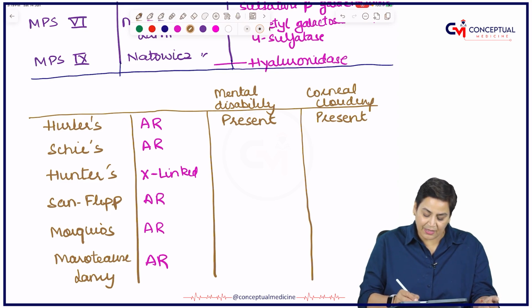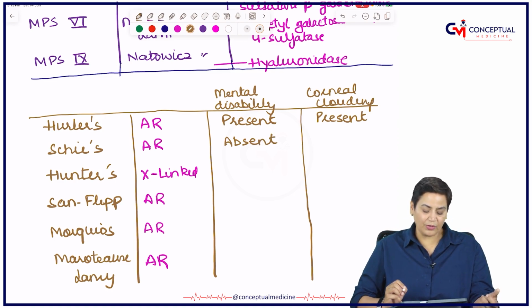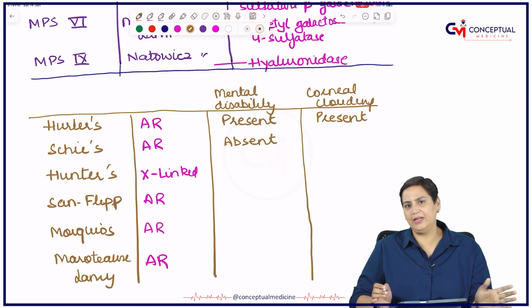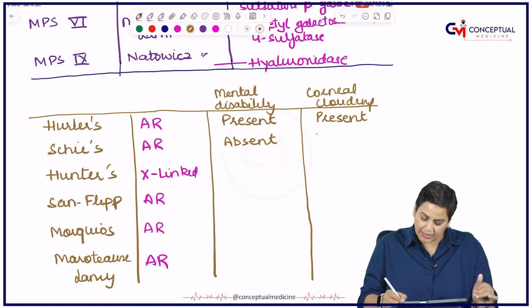So mental disability will be absent. Absent in the sense that the baby born with Scheie disease will have normal intelligence. But the most important property here will be that he will suffer from hirsutism. That I will write later. And if we talk about corneal clouding, it will be present.